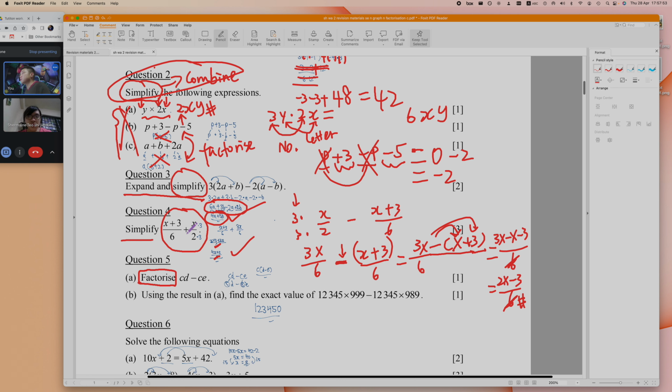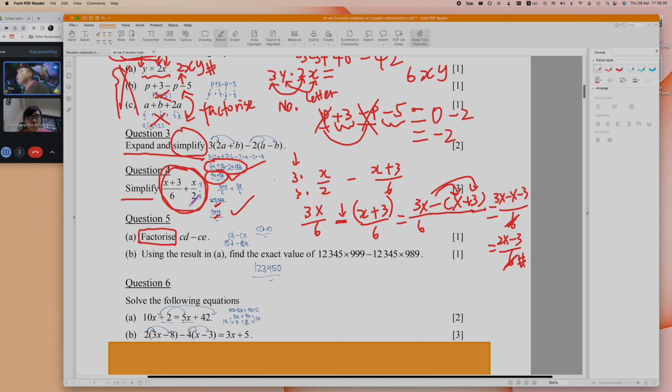So first thing first, what is this? Is this an expression or is it an equation? That's expression? Or is this an equation? Expression? Yes. Why is it an expression? For this whole thing, there is no equal sign, right? Okay, good. So when there is no equal sign, it's an expression. So that means you cannot delete the denominator.